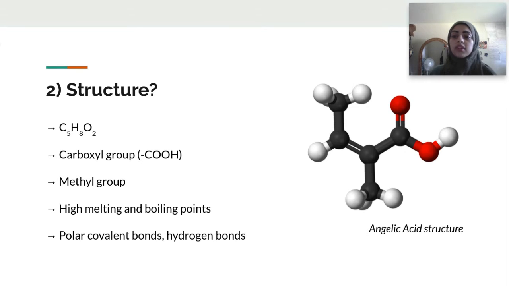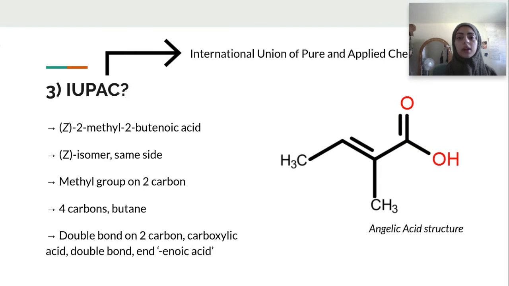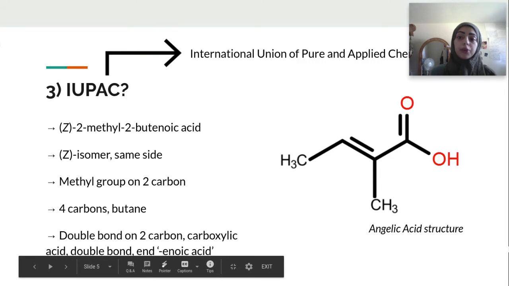And from this, you can infer that the intermolecular forces between the atoms are very strong, and that it's likely that they are polar covalent bonds. And because there is a carboxyl group present, you can infer that there are also hydrogen bonds present in the structure of angelic acid.